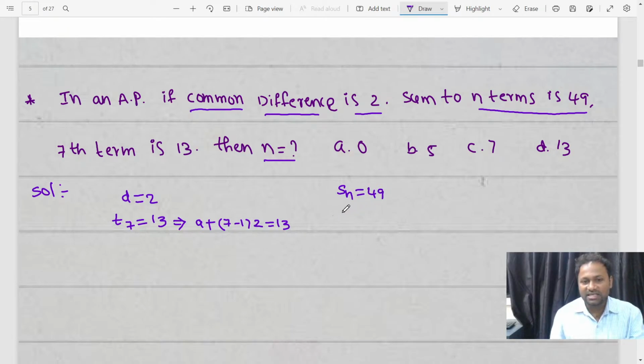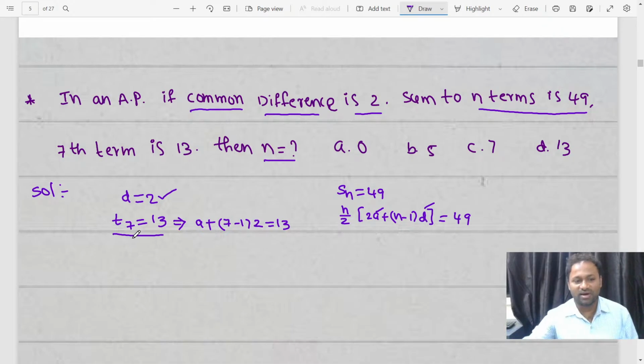Sn is nothing but the formula n by 2 into (2a plus (n minus 1) into d), is equal to 49. Here d is already given, no problem. I need to find the a value. For that I will use this condition. By using this condition I will find the a value.